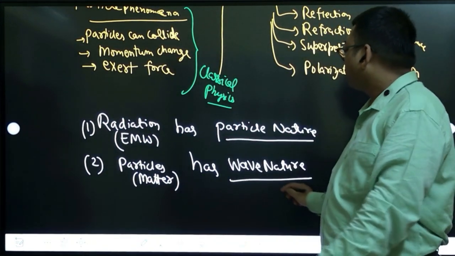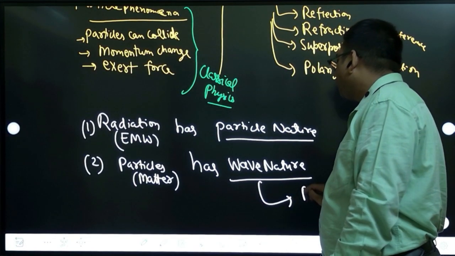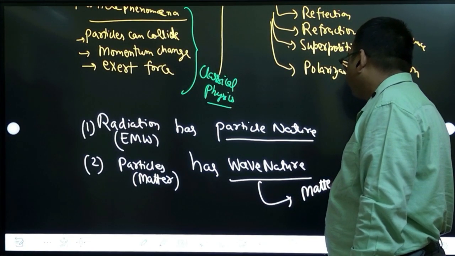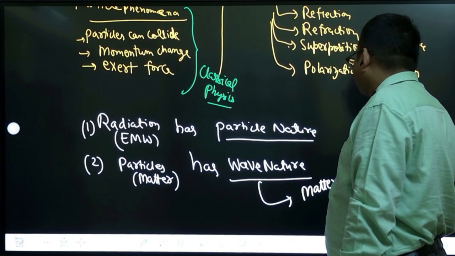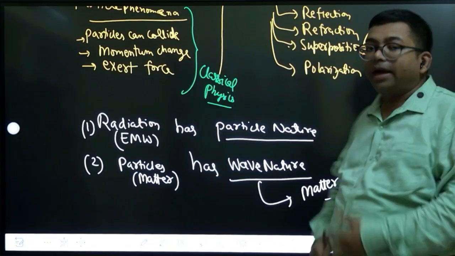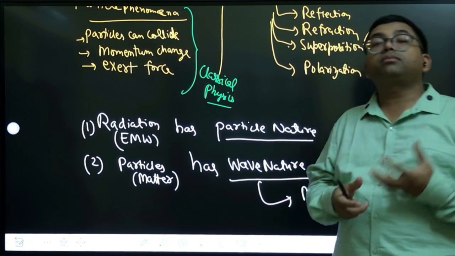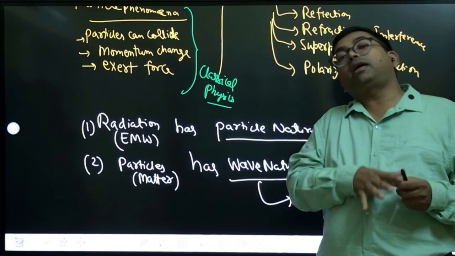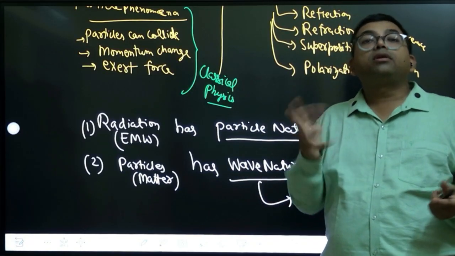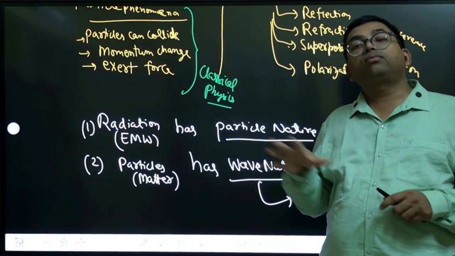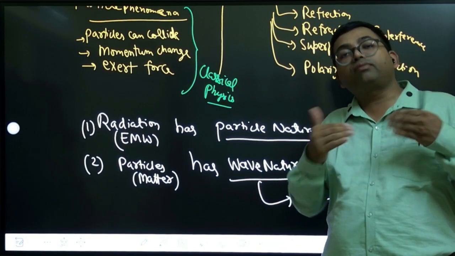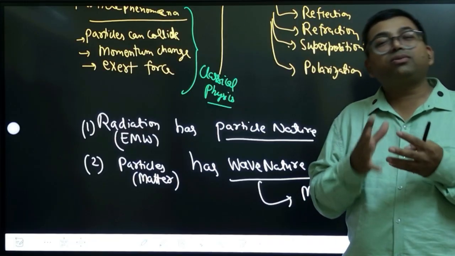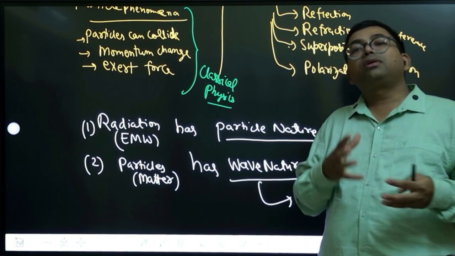This wave is called matter waves. So matter, meaning any object which has mass, can behave like a wave. Which kind of wave? We do not know. We don't have any idea of what a matter wave is, but we know it's a kind of wave. That's all.